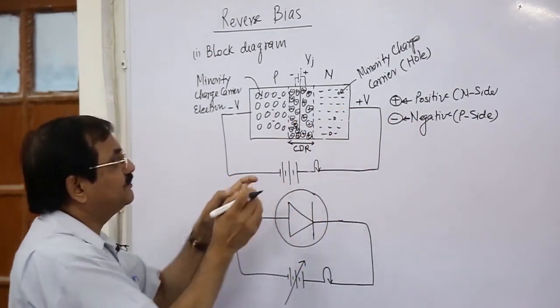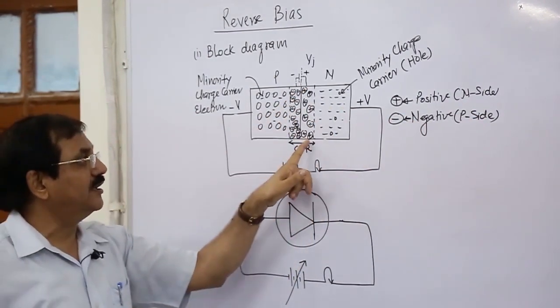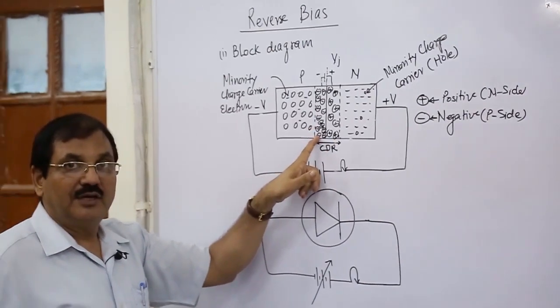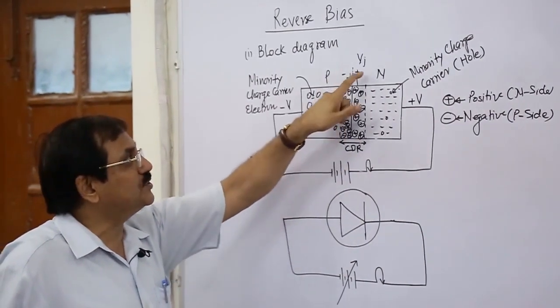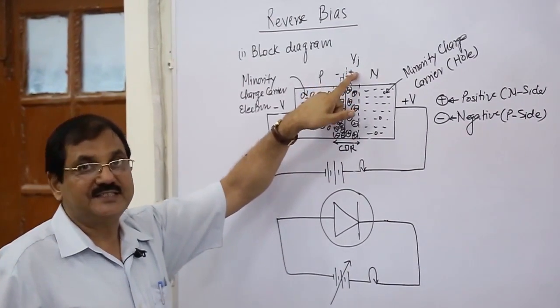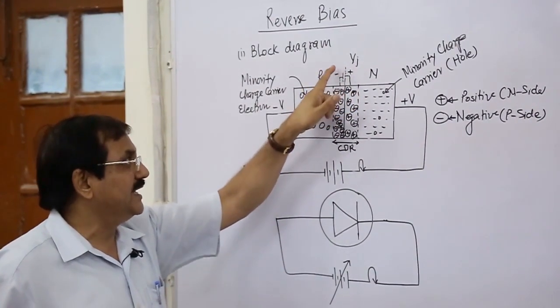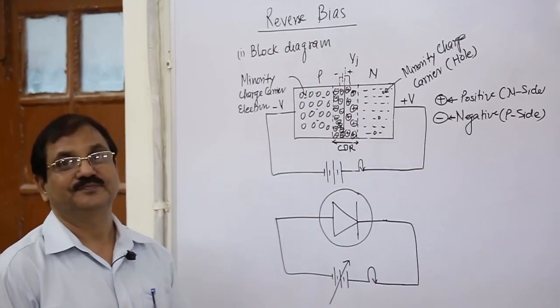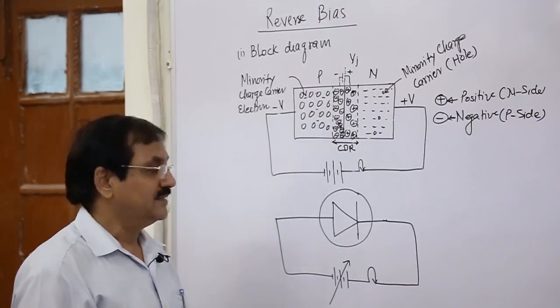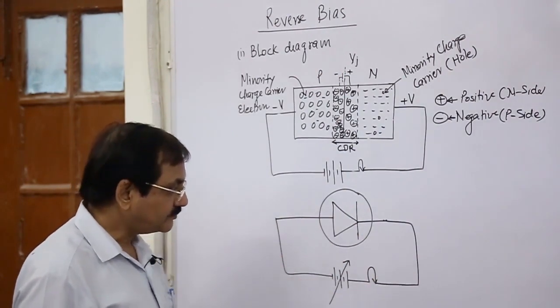This positive source along the n side and negative source along the p side constitute a contact potential, known as junction potential Vj. This block diagram can be represented in this circuit diagram.